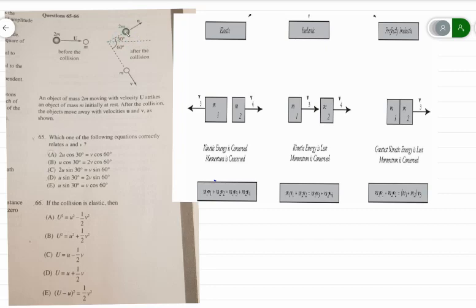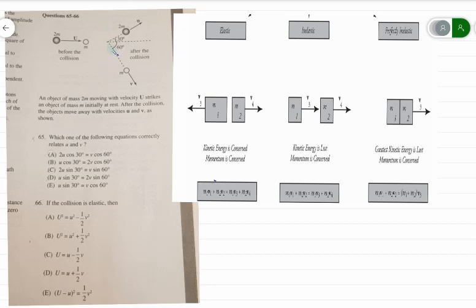Then you have the vertical component. The vertical component must be zero because at the very beginning there is no vertical momentum. So whatever momentum is created, the sum of them must equal zero.